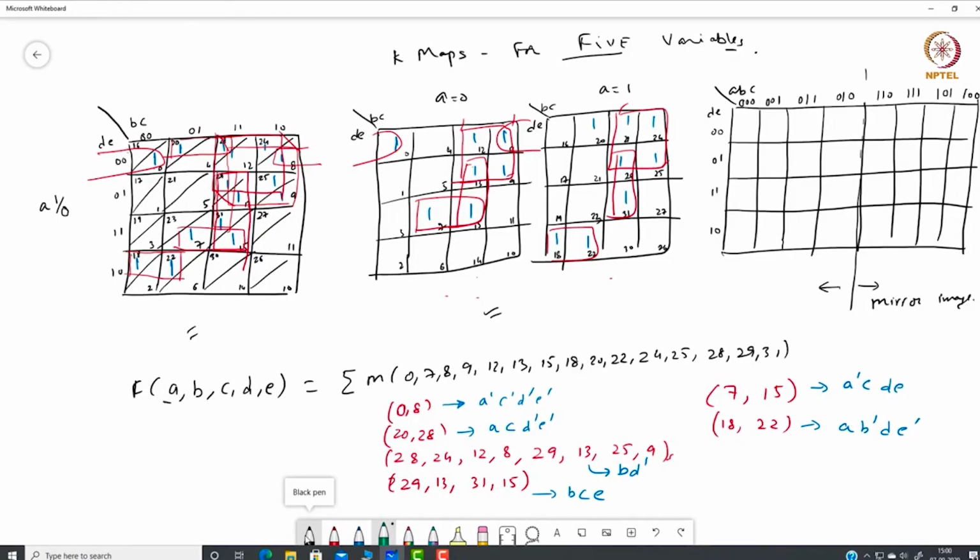Let me see which min terms are covered by only one prime implicant. 0 is covered only by this prime implicant. 18 is covered only by this prime implicant, so this also becomes essential. 22 could be covered by 2, either this or this.